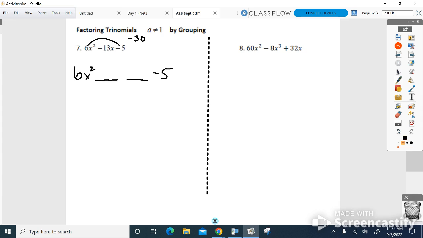This is a tough one. Break that -13 up. You think you have it, but that might not be the right pair.